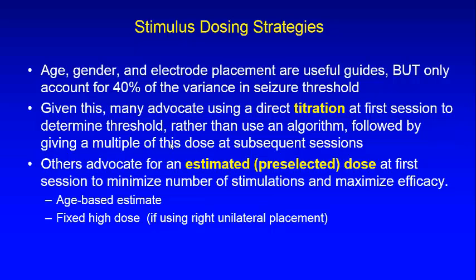Let's say you were going for 6 times threshold and the person only had a 10% energy threshold, that would be 60%. And as I said, if they were 15-20% threshold, you're going to already be at about 100%. So you can imagine just setting the machine, let's say, for about 80% maximum. If you're doing unilateral, if you did that for everyone, that's called a fixed high dose energy setting for right unilateral.